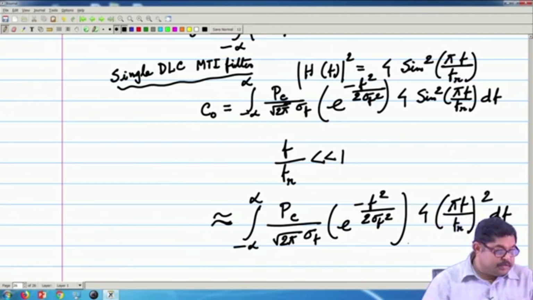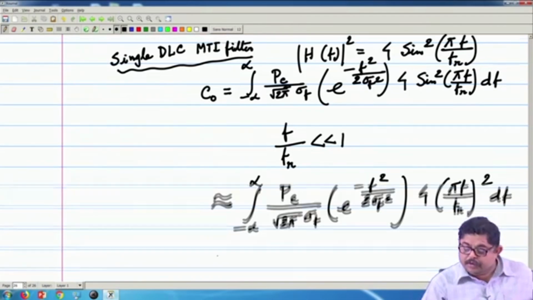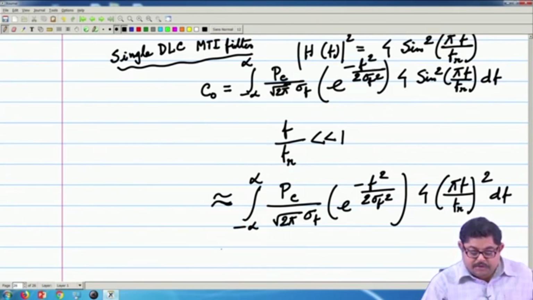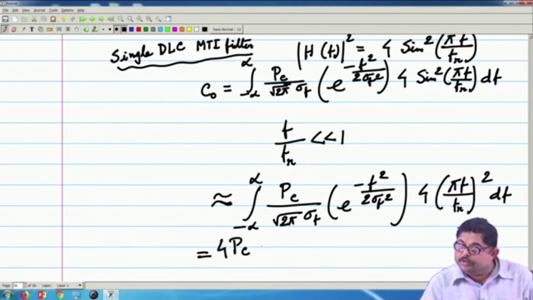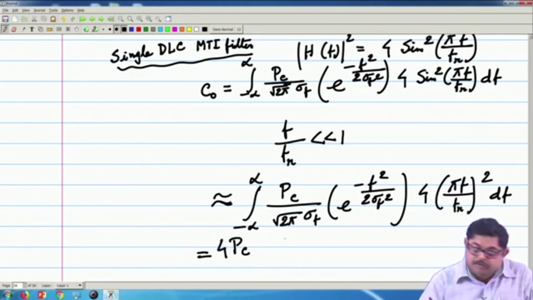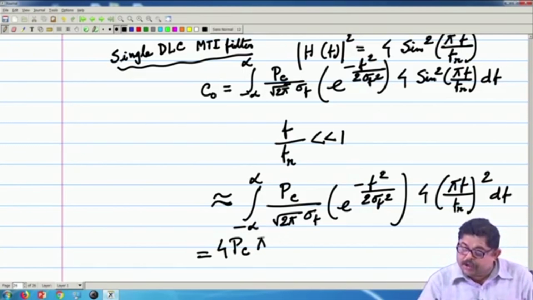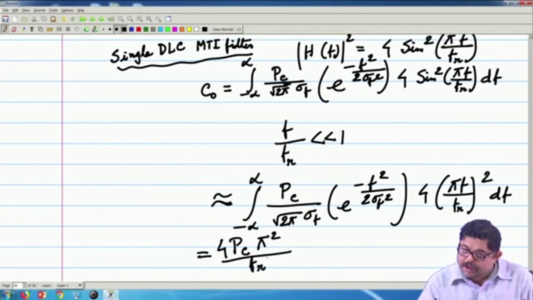Okay. I think you have recognized what this is, because I can take all these things out. I am deliberately taking out those things which I do not need. 4 Pc will go out, pi square will go out, and I will take fr square out, it is also a constant with respect to f.